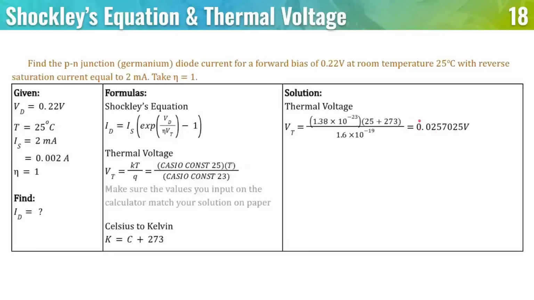When dealing with very small numbers, don't round it off yet. Just round it off in the final answer. But if you must round off, then it might be recommended to move it by three decimal places, so it is 25.70 mV.